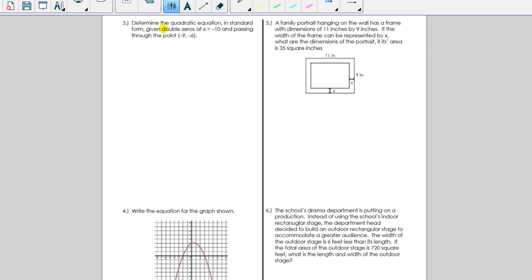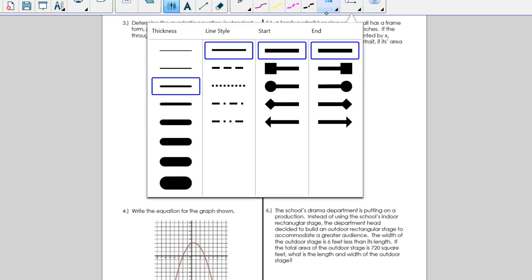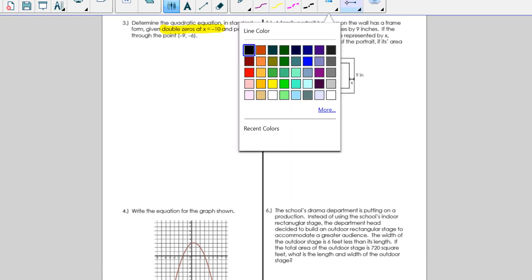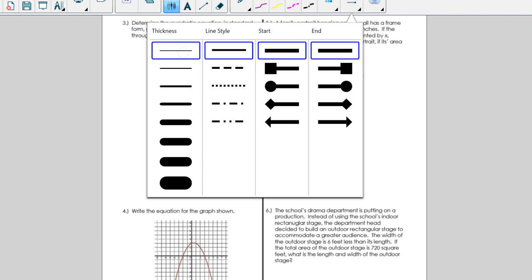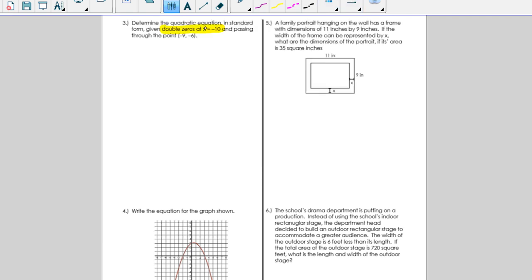You guys, double zeros, that means that technically part of your equation is going to be an x plus 10 squared. So in this case, you have double zeros at -10.